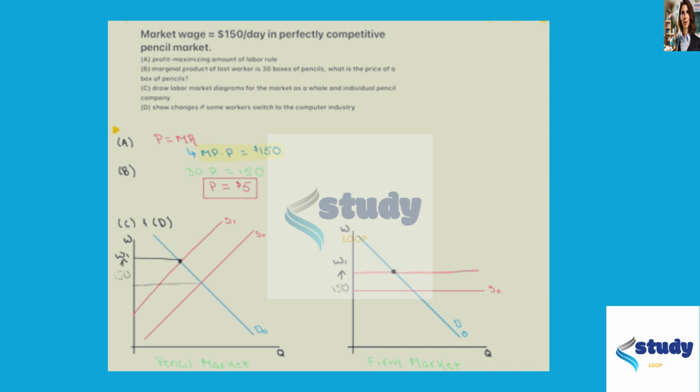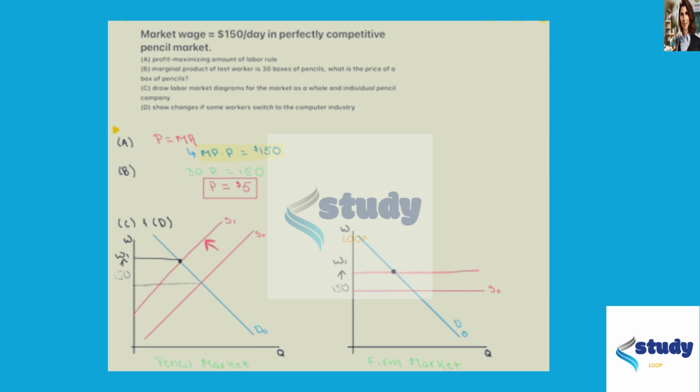Now, an increase in the number of workers would typically decrease marginal product of labor, and it works the other way as well. So because we're seeing this reduction of supply, as we saw in this pencil market over here, our supply reduced from S0 to S1, the marginal product of labor at this individual firm is going to increase because they now have fewer workers.